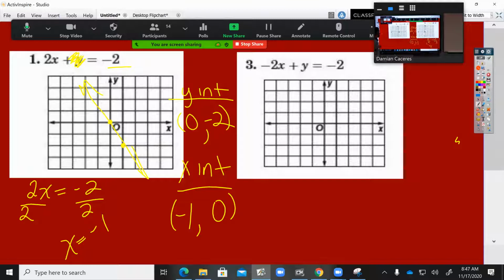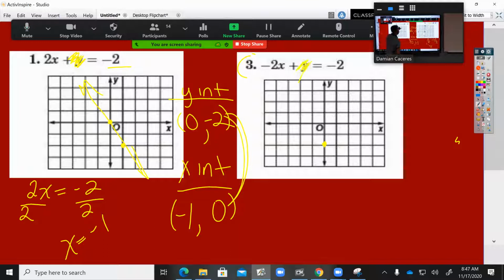If you have a question, please stop me. Now these we can do quicker because I don't have to explain this whole thing to you. Cover the x term. We have y equals -2. Now we do the opposite.